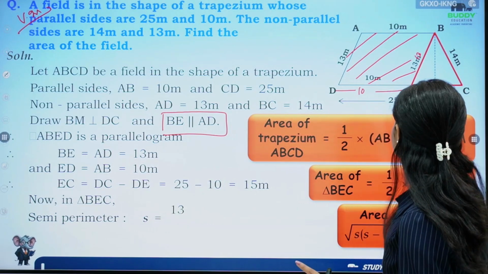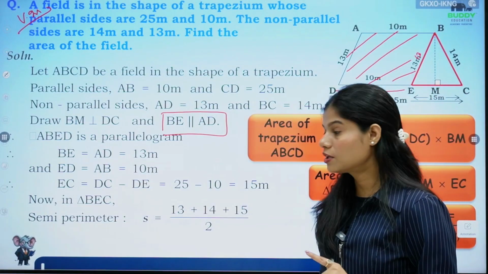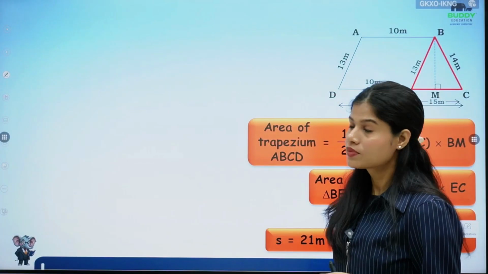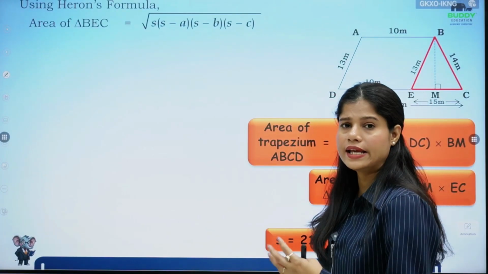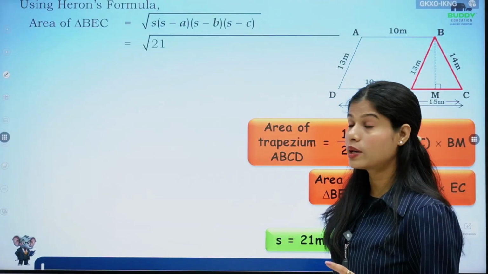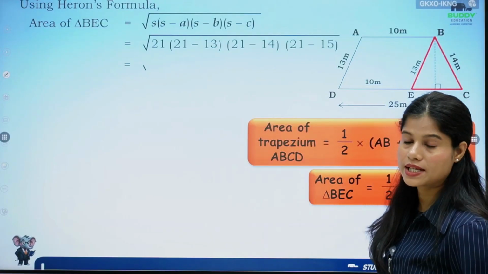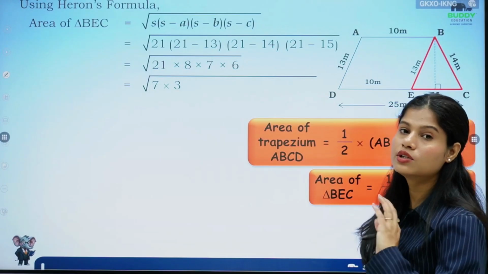One side is 13, another is 14, and the last is 15, divided by 2. From here you get the semi-perimeter as 21. Now we find the value of the square root of S into S minus A into S minus B into S minus C. The value of S is 21: 21 minus 13, 21 minus 14, and 21 minus 15. When you solve this, you get this. Now again, if you multiply, you will get stuck.